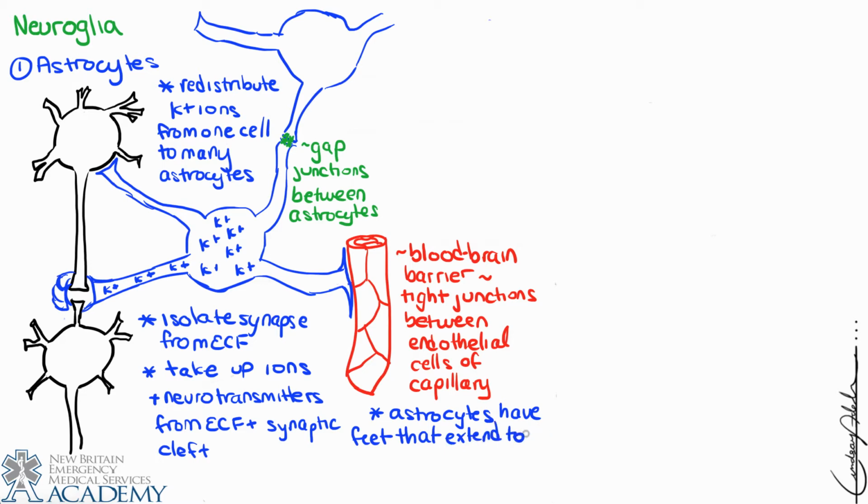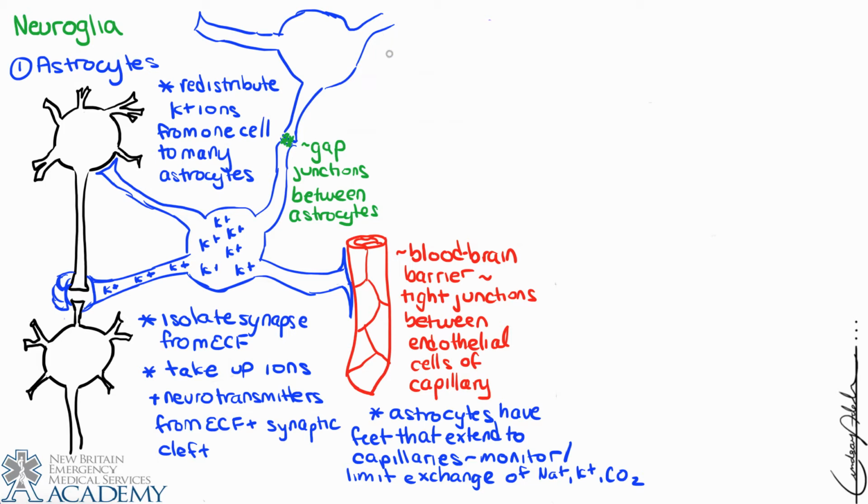Now, the astrocytes extend some of their feet to the capillaries as well. So in addition to the blood-brain barrier being maintained by the tight junctions, the astrocytes have the ability to monitor the stuff that's moving out of those capillaries and into the ECF, or to what's going to be able to interact with the neurons.